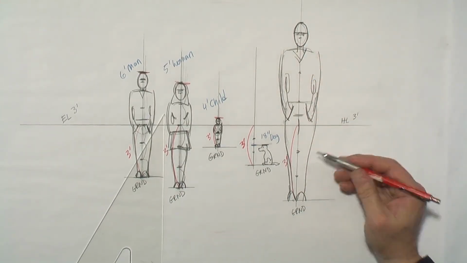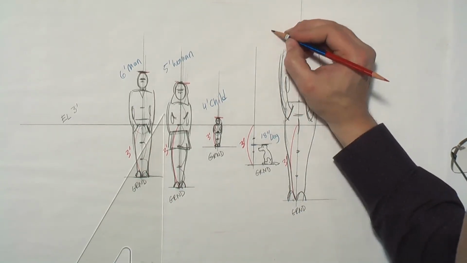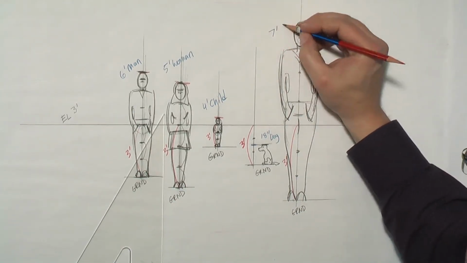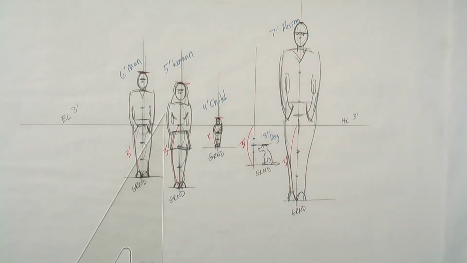Okay, so that is a 7-foot person that is standing further forward than anybody. So let me clear the diagram.